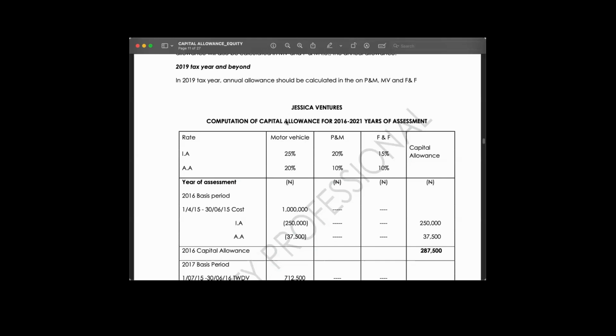So when you look at this, the initial allowance rate is 25%. You remember what I told you about initial allowance? You just multiply it by the cost. So 25% of this will give you this, right? Now, you remember that this company or this business has just commenced operation, commenced 1/4/2016.